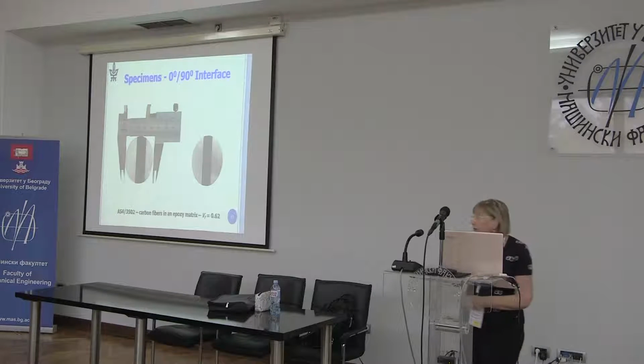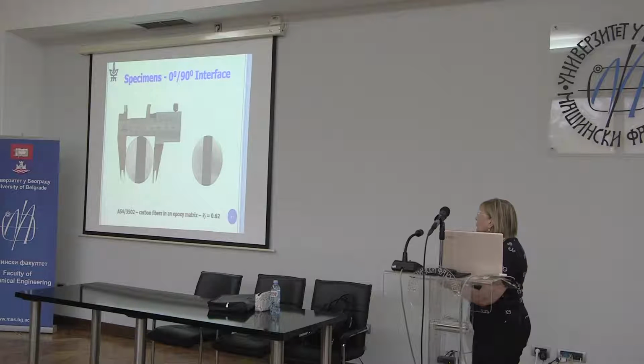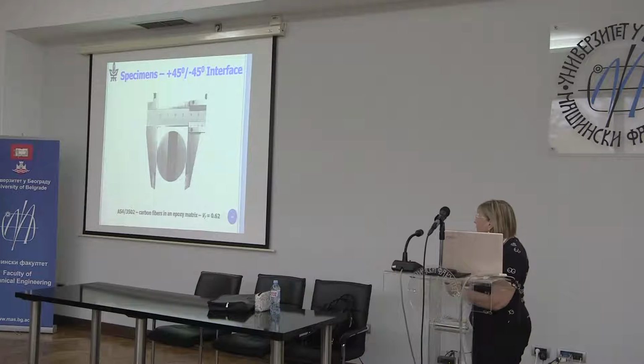So here are the specimens with a 0-90 interface. You can see them in actual fact. And this was for plus 45, minus 45 degrees, and we're using a carbon epoxy, carbon fibers in an epoxy matrix. AS4 is the carbon fiber, and 3502 is the epoxy.